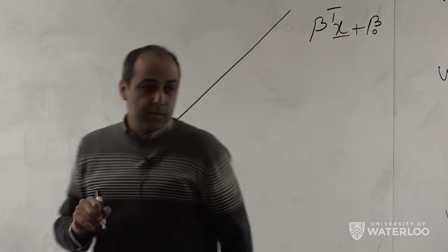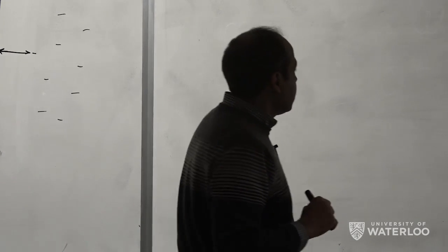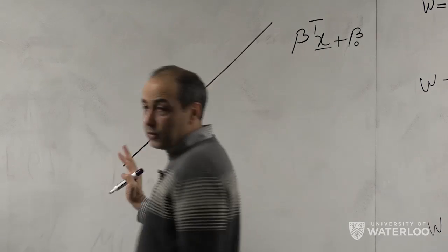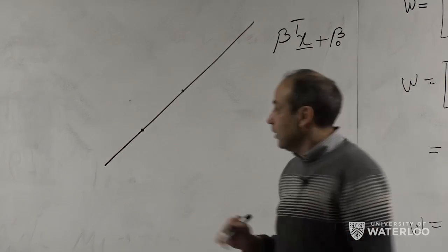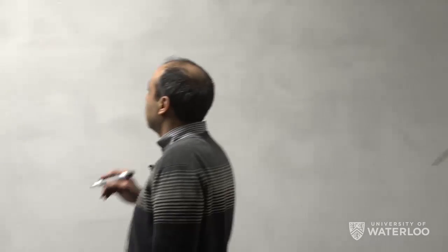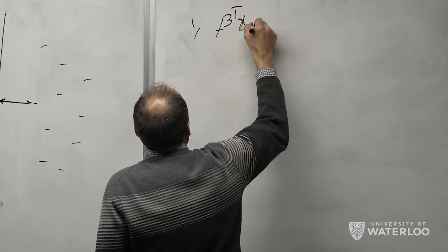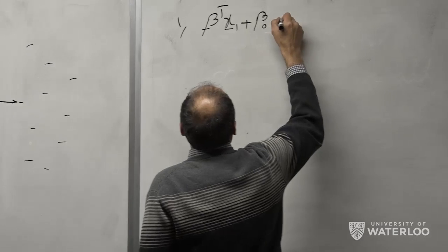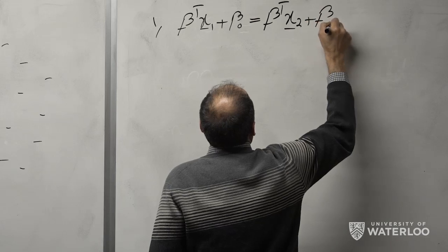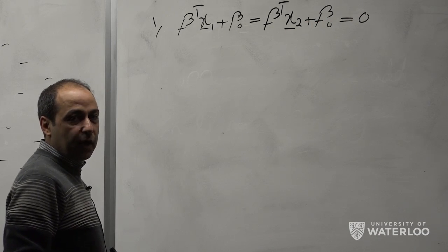So this is my hyperplane. Beta transpose x plus beta null equal to 0 is my hyperplane. We learned that beta is orthogonal to the direction of hyperplane. If I take 2 points x1 and x2 on the hyperplane, then beta transpose x1 plus beta null is equal to beta transpose x2 plus beta null, and is equal to 0, because both of these 2 points are on the hyperplane.